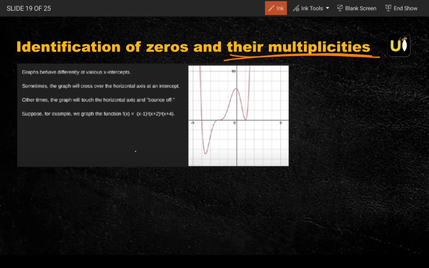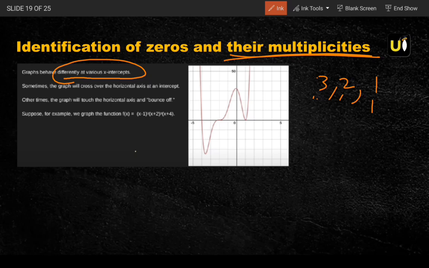The graphs behave differently at various x-intercepts. As we have discussed before, a polynomial equation can have different zeros. That means there can be 3 zeros, there can be 2 zeros, or there can be only 1 zero. At each zero the behavior of the graph will be different.